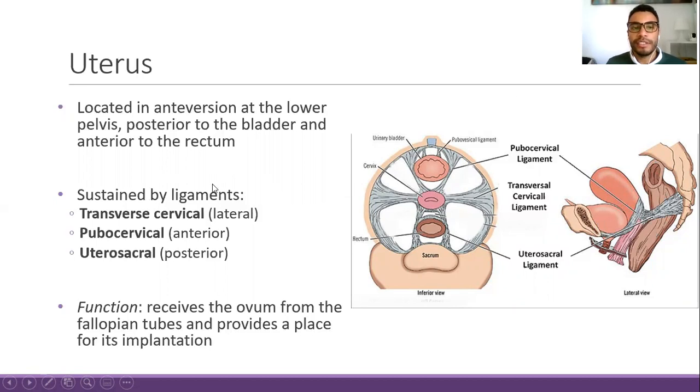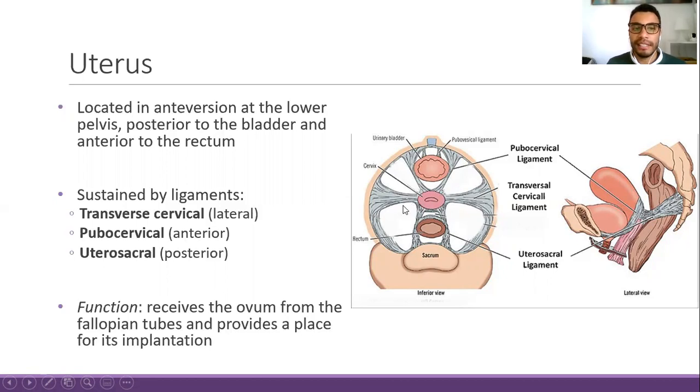The uterus is sustained by some ligaments. Those ligaments avoid movement of the uterus inside the pelvic cavity. This one here is the transverse cervical ligament, which is lateral to the uterus and attaches to the lateral pelvic wall.